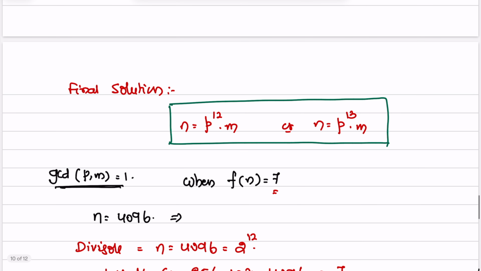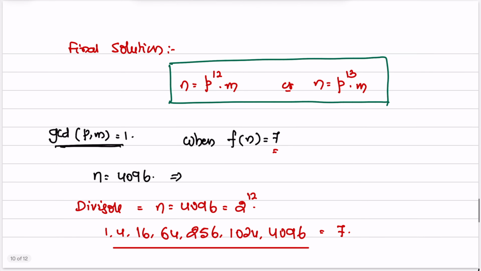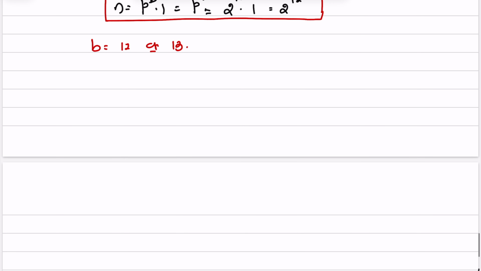That's what we have got here as a final solution. That means n should be p to the power of 12 into m, or p to the power of 13 into m, if Fn is equal to 7.